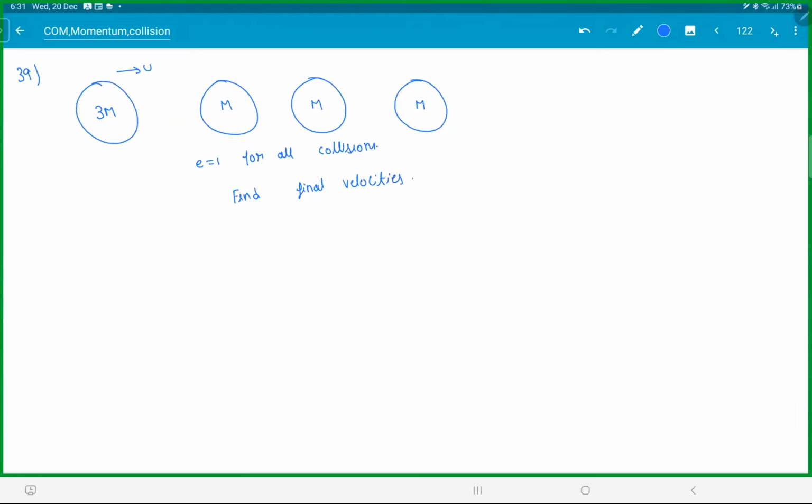Any guesses how many collisions are there? Nahi, Anika, that is wrong. How many collisions are there? Definitely more than 3. If I ask you tomorrow what JEE rank you will get, definitely more than 10,000. See, you don't like that answer. I mean, definitely less than 10,000. 5, nahi, Aryan.